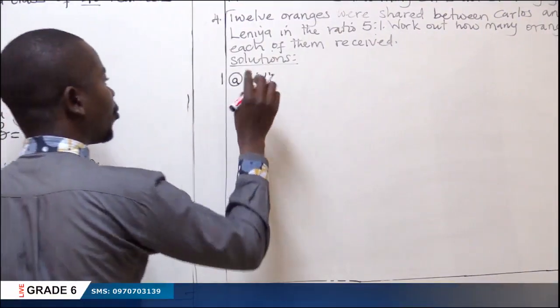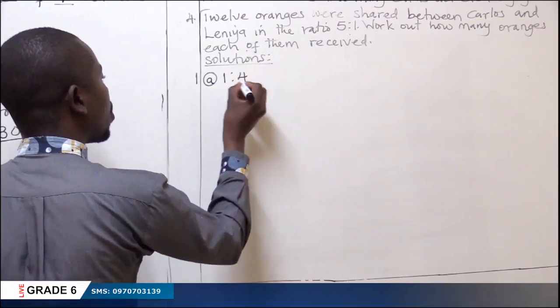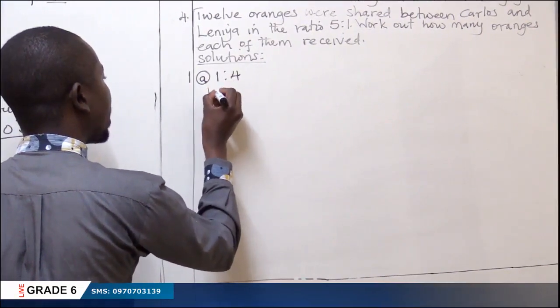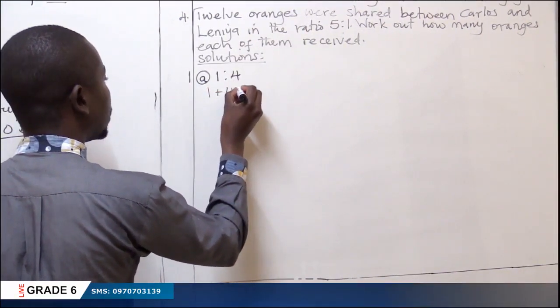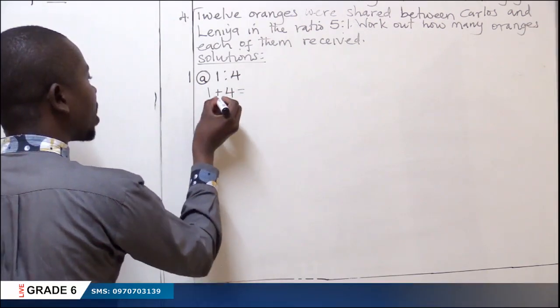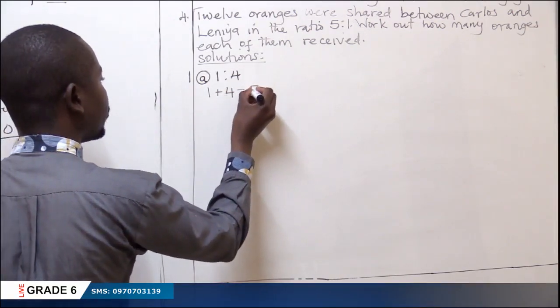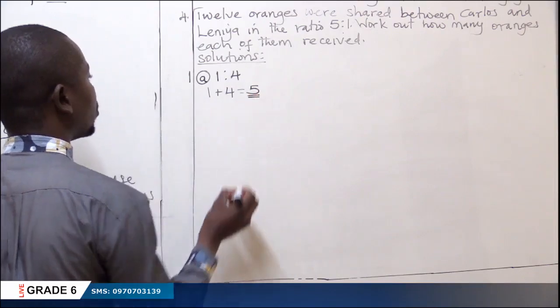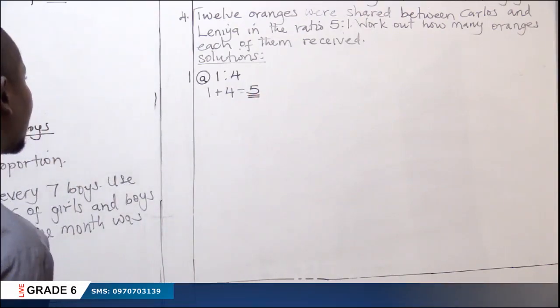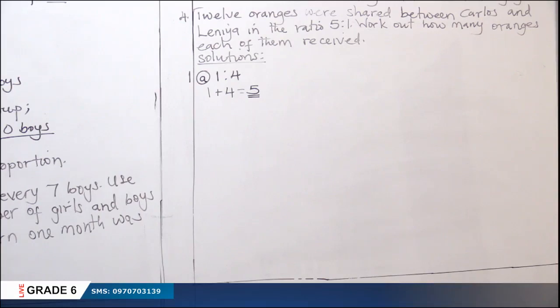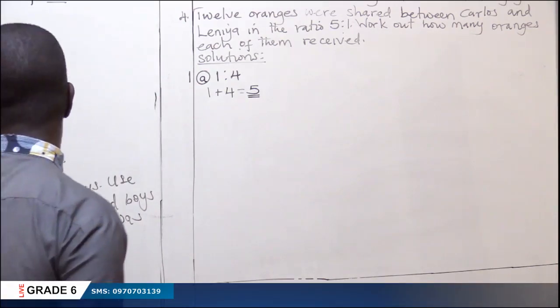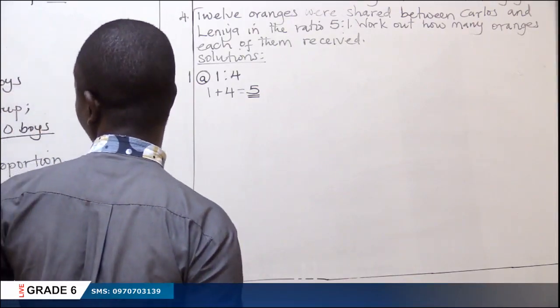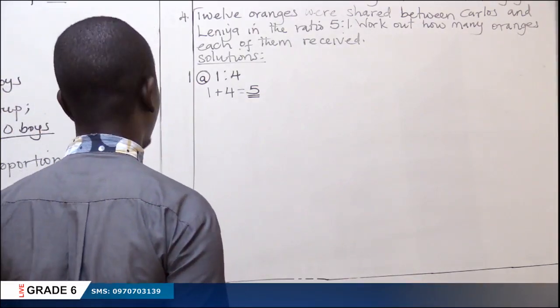Okay, so 1 to 4, boys and girls, it means that we are going to add 1 plus 4 to find the total. And 1 plus 4 is 5. So when you add the ratios, they'll give us 5. Now boys and girls, you must understand that the question says use these ratios to divide 70 in proportion.